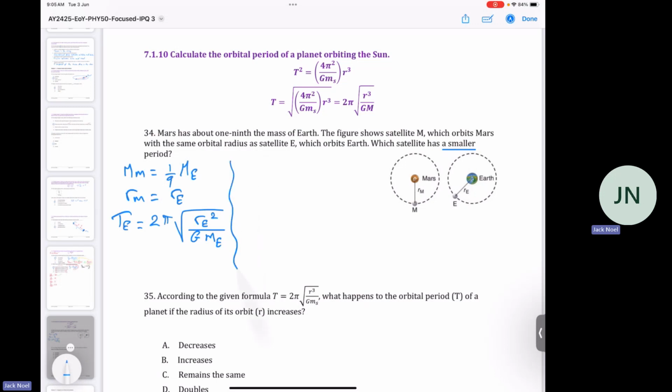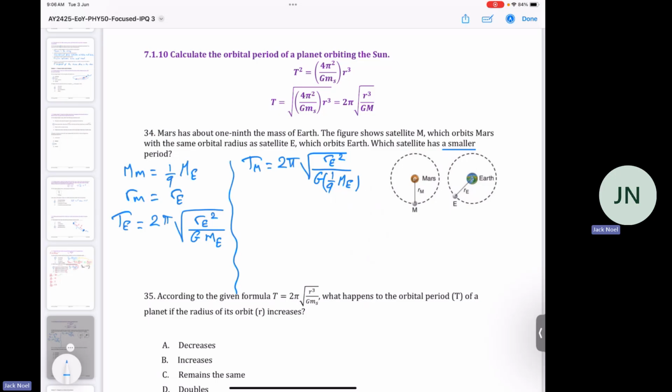Then the period of revolution of the satellite orbiting Mars is 2 pi square root, the orbital radius remaining the same, so RE squared over G. Now, the mass of Mars is 9 times smaller than the mass of Earth, so I would take it as 1/9 of ME.